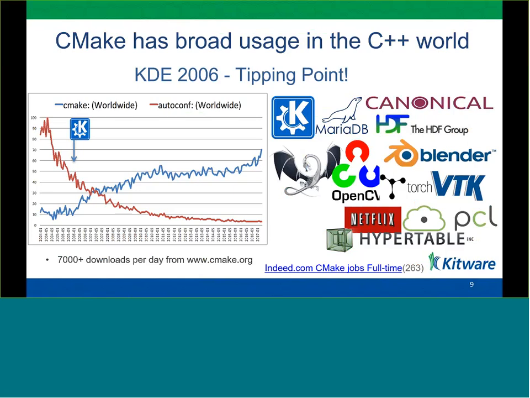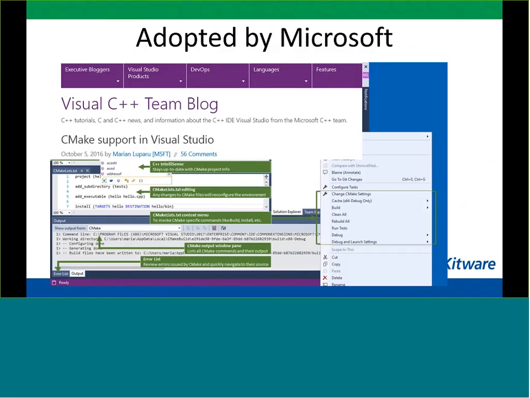And since then, if you went on Indeed.com today and searched for jobs that had CMake in the requirements, I think there's like 263 of them right now, and a lot of big projects use it. We get about 7K downloads per day from our website, but it's also packaged with other systems. Microsoft adopted it. I mean, this is really crazy.